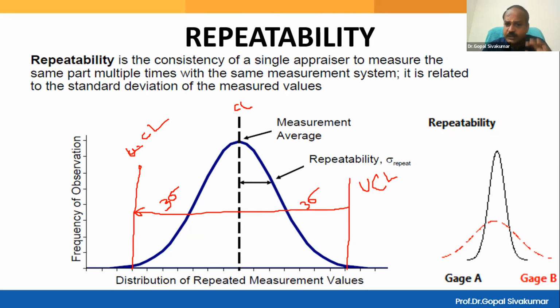So calculate the sigma in the data provided by the appraiser, multiply it by 6. That will be the maximum possible error that particular measurement system can bring in if allowed to collect the data. How many of you understand? Come again, please.